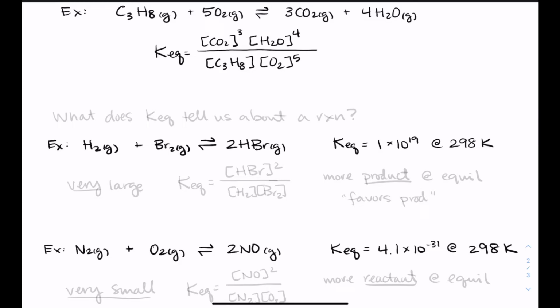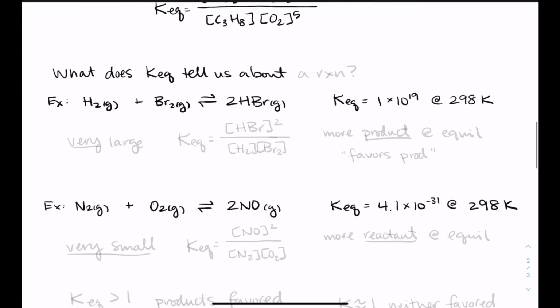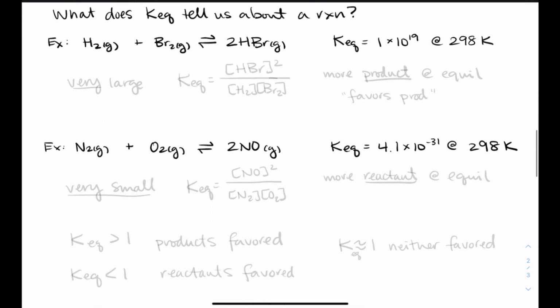So concentration of CO2 to the third power times concentration of water to the fourth power divided by the concentration of C3H8 times the concentration of O2 to the fifth power. All right, so there will be a lot of practice with these. Make sure that you are comfortable writing equilibrium constant expressions for reactions.